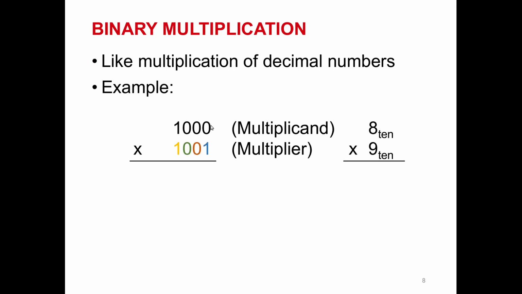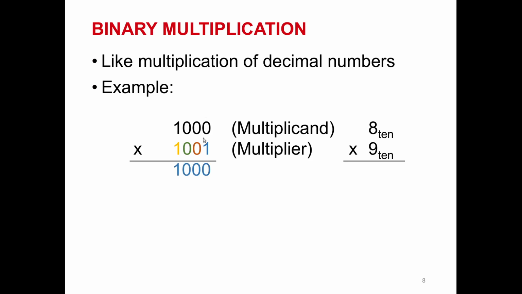If you have a multiplicand of value 8, or 1000, and you want to multiply it with a multiplier equal to 9 in decimal, or 1001. Please remember that in our example we don't care whether this is a negative or positive number, so it means these values are positive.